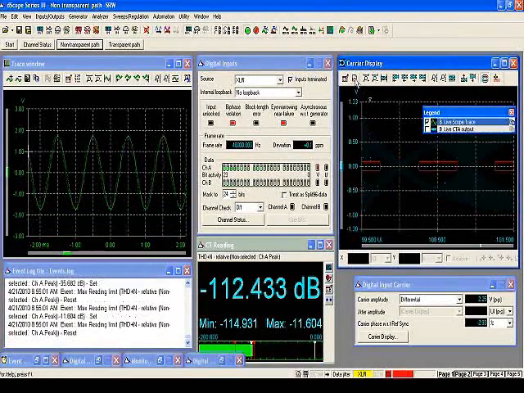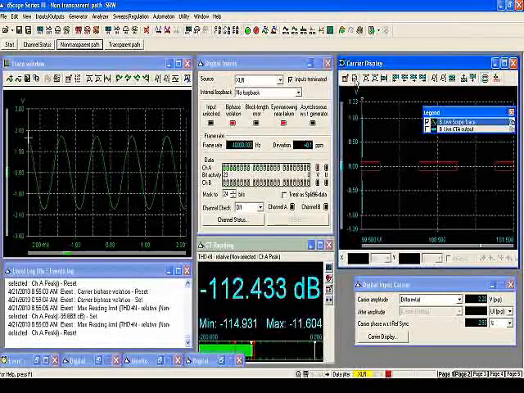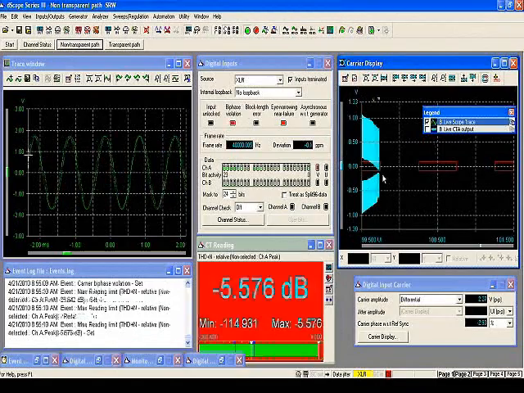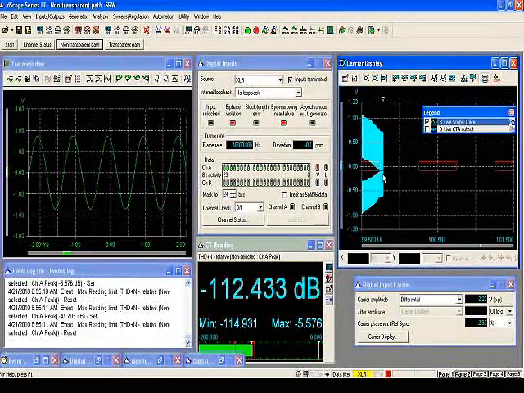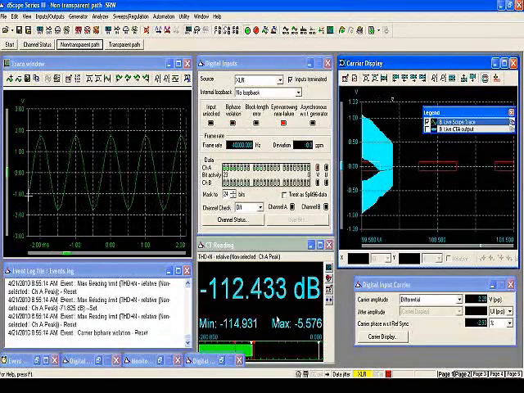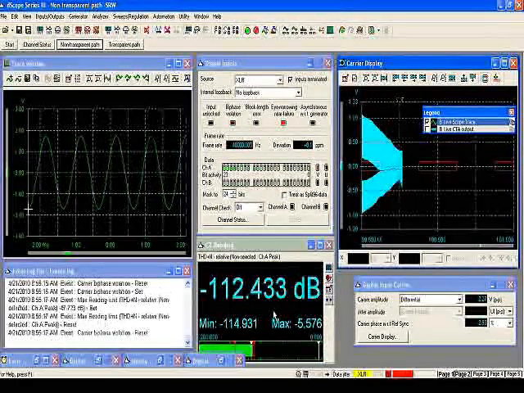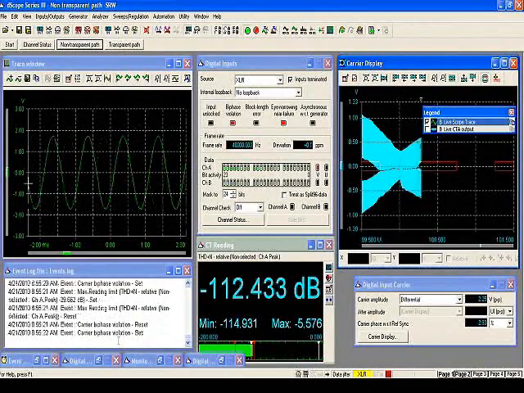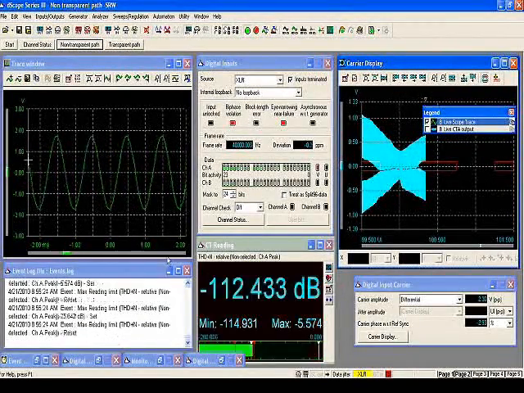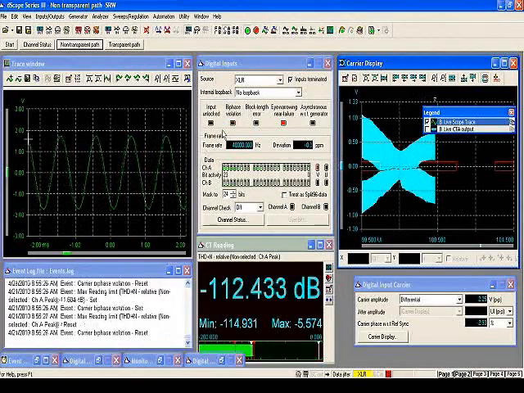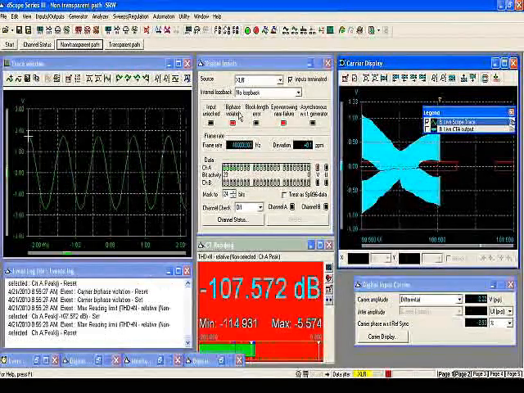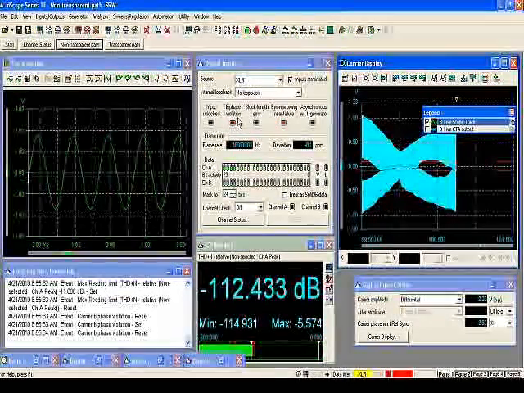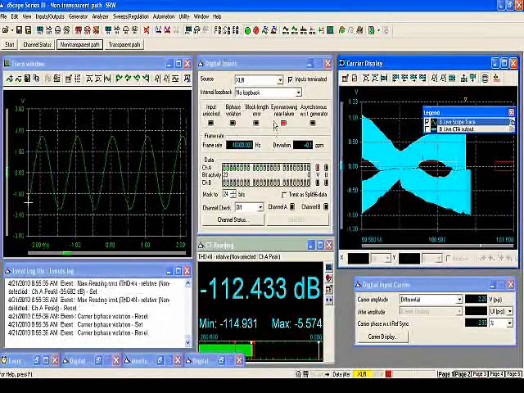1 nanosecond more of low audio band jitter has caused my eye pattern to close down onto the limits. I'm now seeing alarms being fired off by my distortion analyzer. I'm seeing logs coming into my event log recorder. My sine wave still looks good. I've got an indication up here in my digital inputs panel where I've got biphase violations. I won't get into that because we could spend an evening on that.